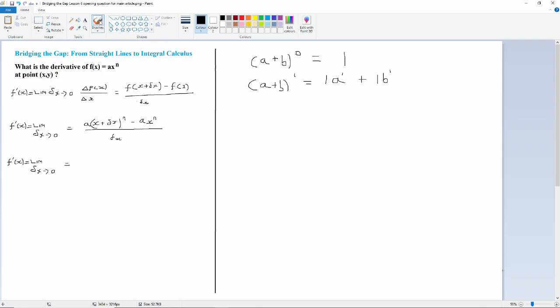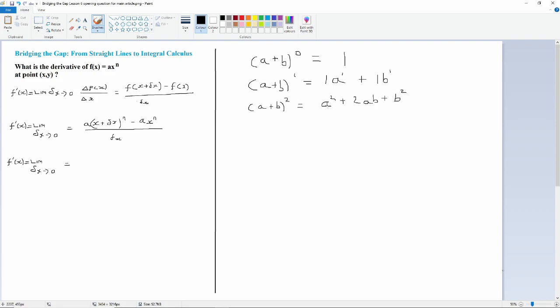Okay, so a plus b to the power 2, or a plus b squared, we'll recall is a squared plus 2ab plus b squared.